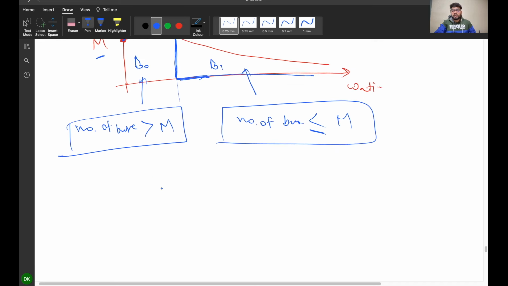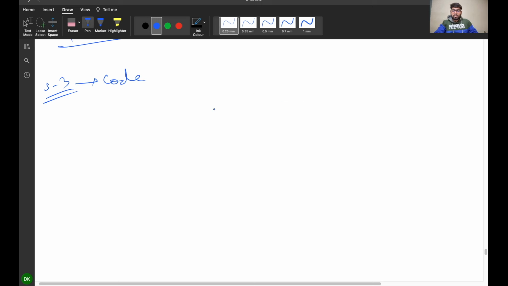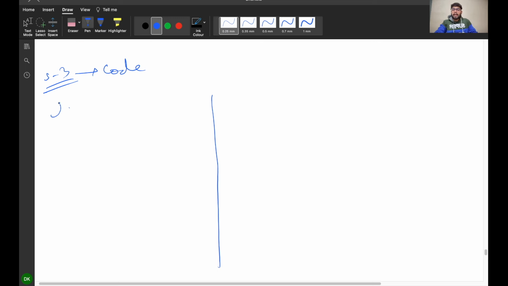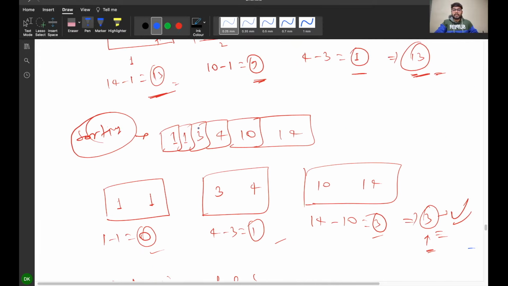So in my approach, let's say I am talking about step number 3, I have to write code. For this part the code will remain the same, and what I have to determine is the waiting time. So L and R would be the waiting time. What is L and what is R? What is the maximum waiting time for this particular example?